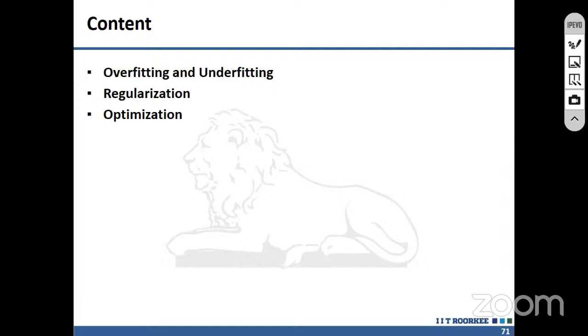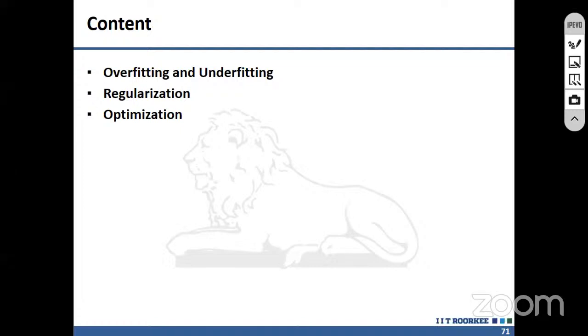Now the question is whether we can reach this minimum or not, and even if we reach it, how long it will take, how many epochs, and whether we can do it in a faster way.